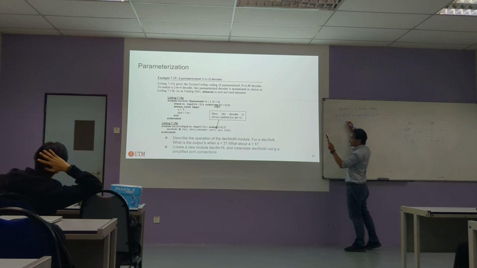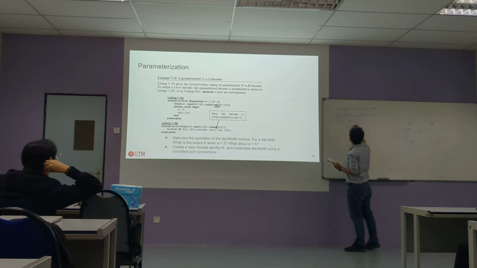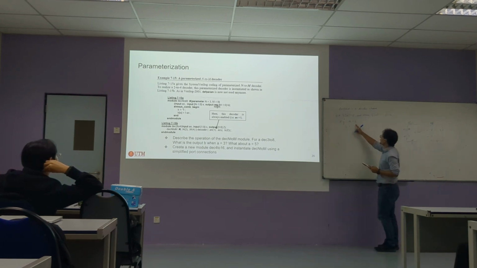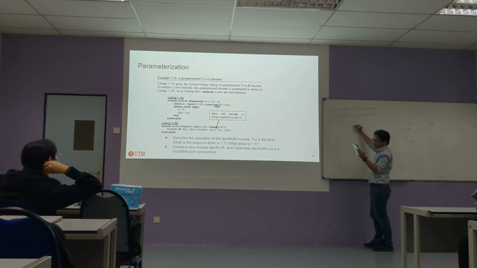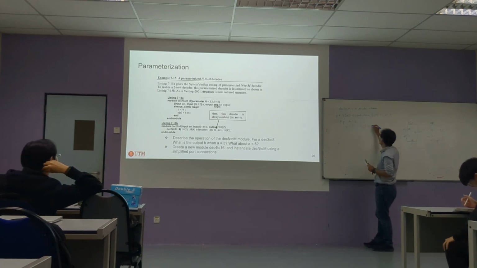Okay, and then, for example a equals 3, so your b is equal to... this is bit 3. Let's see, bit 3 starts from bit 7, 7, 6, 5, 4, 3, 2, 1, 0.